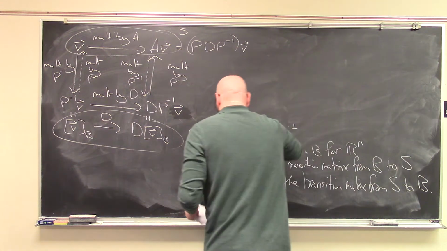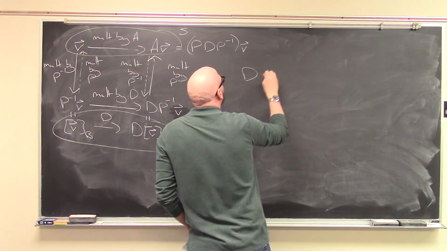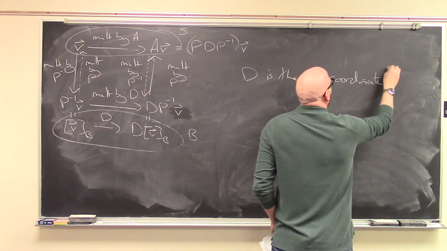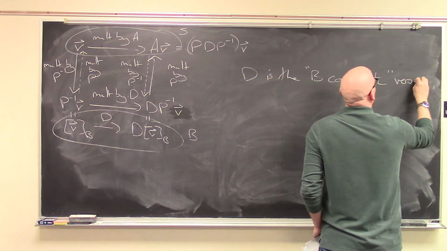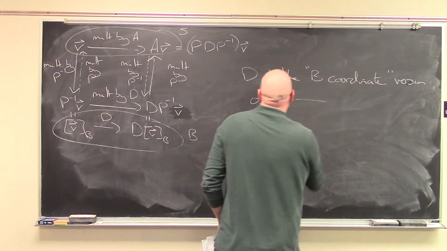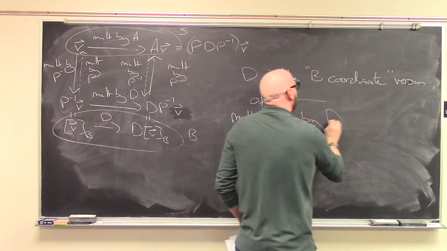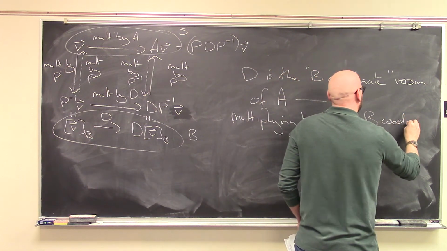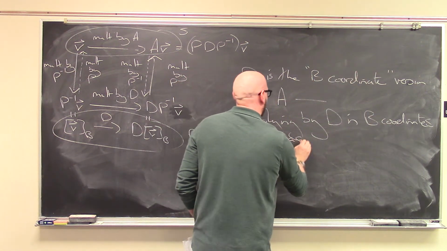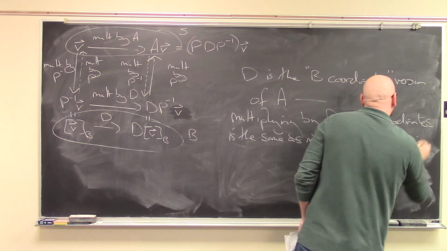And so let's write this down. In some sense, D is the B coordinate version of A. What I mean by this is that multiplying by D in B coordinates is the same as multiplying by A in standard coordinates.